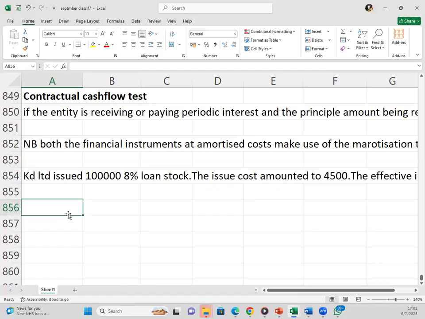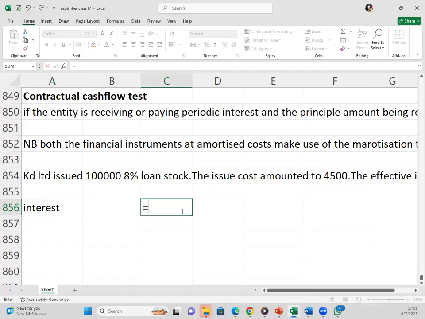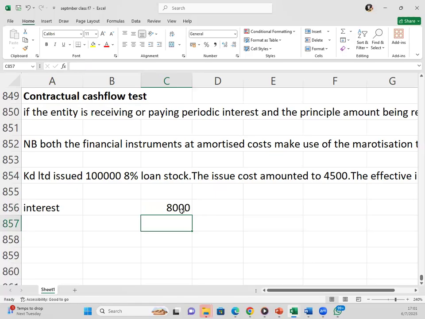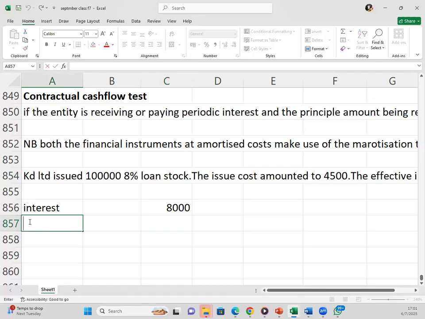But on top of that, we pay interest. So there is the interest on the loan, which is 8%. Assuming it's dollars, the interest is 8,000.